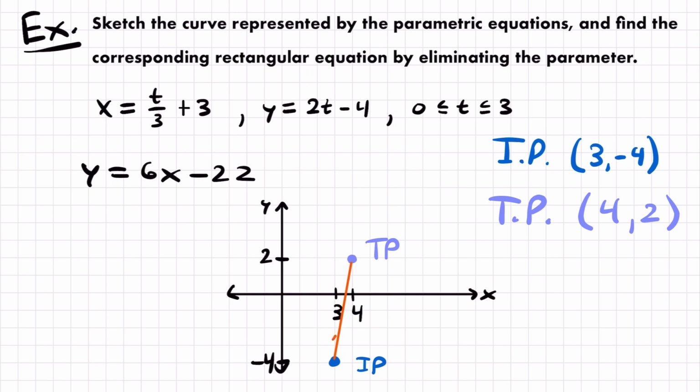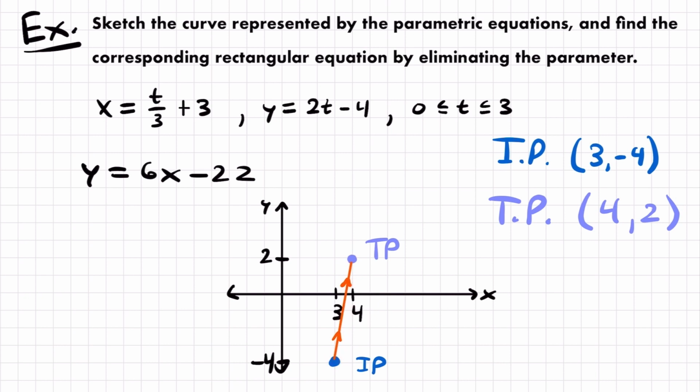All right, so we want to put in some arrows that show the direction of that plane curve. Because really what a plane curve represents is the resulting path of the motion of an object in a plane, right? So this straight line is representing the path of motion for some object that is moving in 2 dimensions. So it's important for us to know where that starts and where it ends and the direction that it's heading.